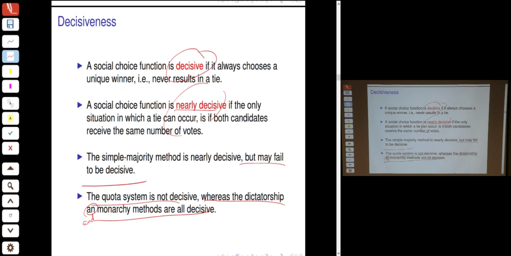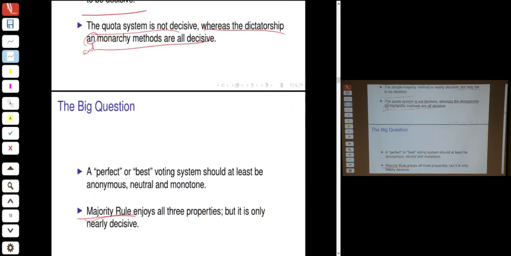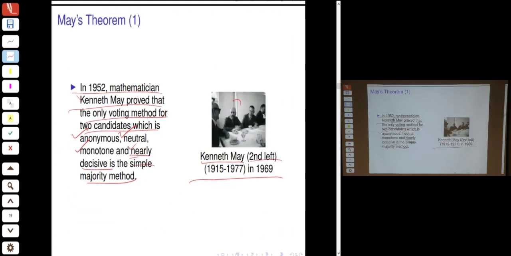So of course, decisive means nearly decisive. What May's theorem is telling you is that a voting method that is anonymous, neutral, monotone, and nearly decisive has to be the simple majority method. The simple majority method for two candidates is the only voting method that satisfies these properties.